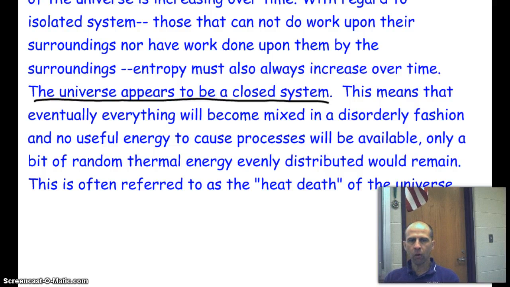And if that goes on long enough, and it's a closed system with no input of energy, everything will get converted to random thermal motion, and there'll be no separation of charges. Everything will just be randomly mixed, and there'll be no potential energy available, and the universe would be unable to run at that point.